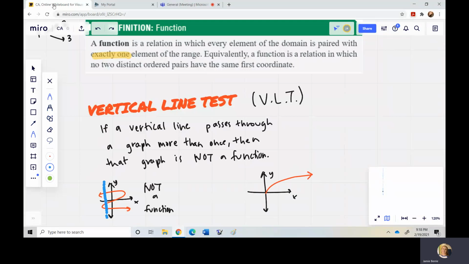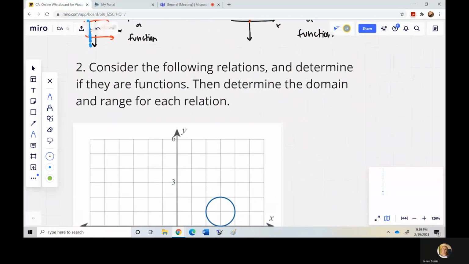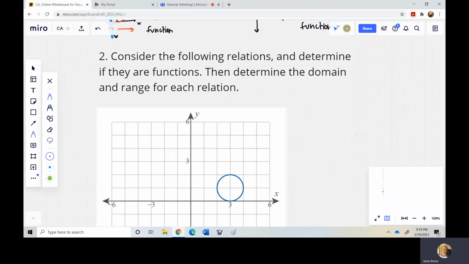So there's nowhere that we could draw a line and have it pass through more than once, which indicates to us that this is a function. I almost always put a question about this on the test. So I'll ask you something like, use the vertical line test to determine whether the graph is a function. So hopefully that will be easy, as long as you can remember what the vertical line test is.